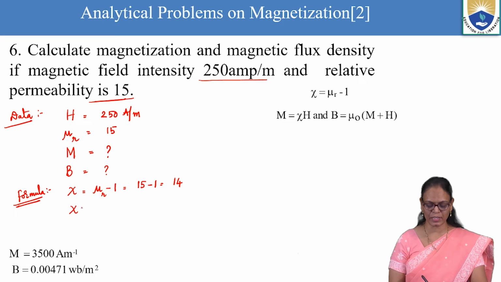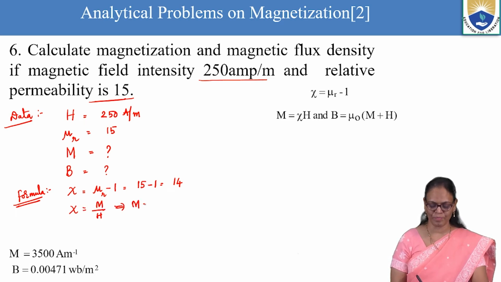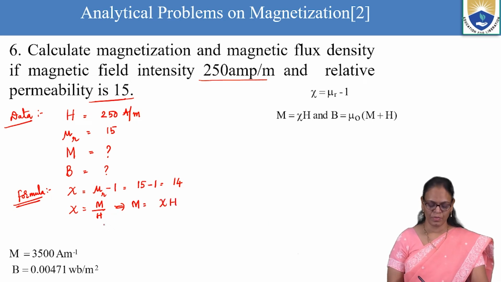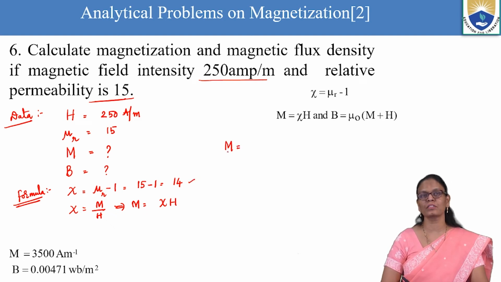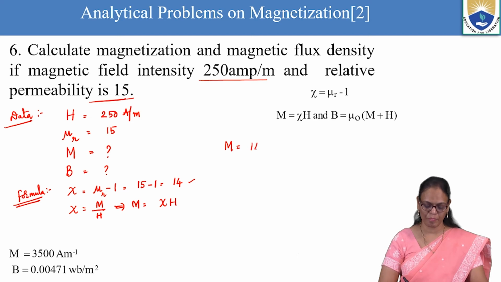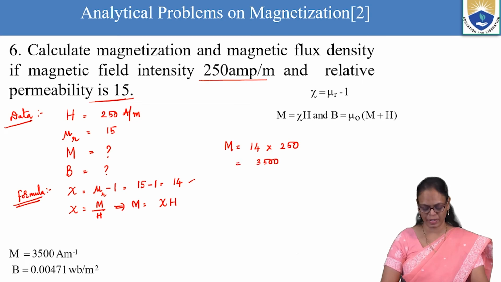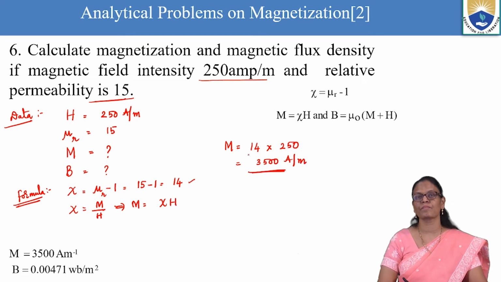Because we have chi is equal to M by H, so M is equal to chi into H. So M here is, what is the value of chi we got? 14 into the value of H given, which is 250. So this is 3500 ampere per meter. So the magnetization is chi into H, that is 3500 ampere per meter.